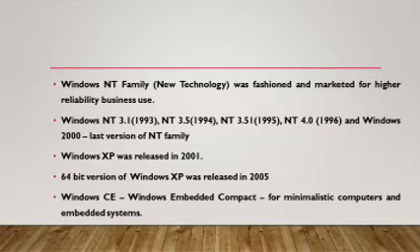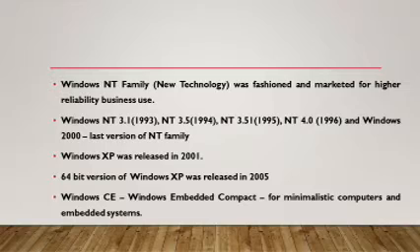So basically, to support 64-bit processors, Windows introduced updates for Windows XP as well as Windows Server 2003 in 2005. This is how Windows introduced its 64-bit operating systems.